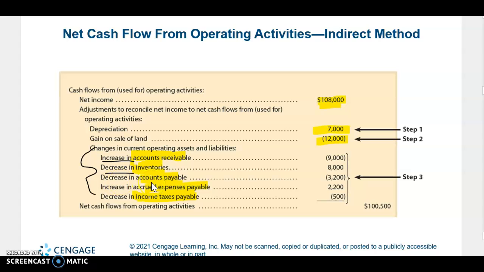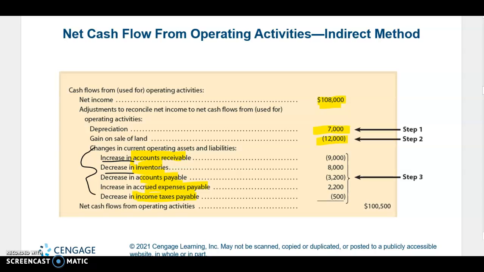Decrease in accounts payable, if you go to the balance sheet, you'll see that it went down, and it is a current liability, and liabilities work the same. So that is why we decrease or go down over here. So it's a negative amount. So for the next one, it's a liability, current liability.